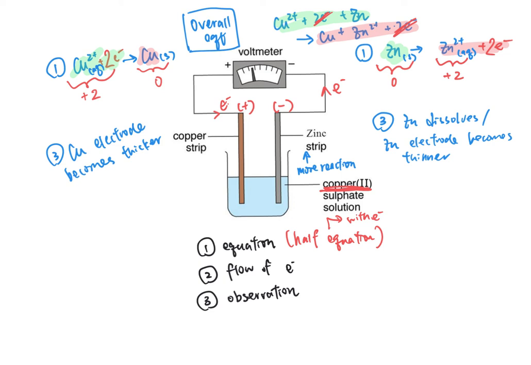But at least you can know it becomes thicker. Also, because Cu2 plus originally is blue in the solution, and then it becomes Cu, that means there is less Cu2 plus in the solution. You can also say the blue color of the solution fades. That means it becomes paler, or you can say it becomes paler is also okay.